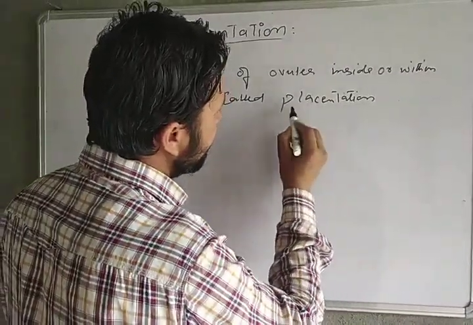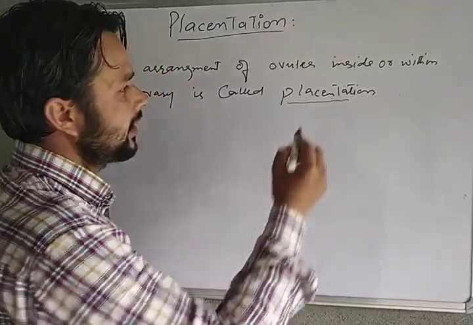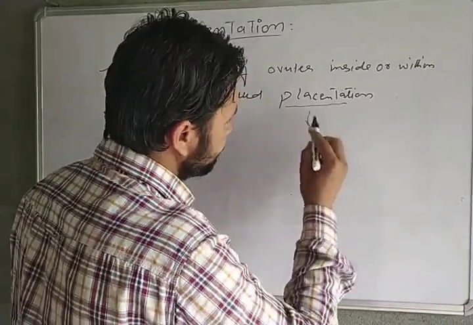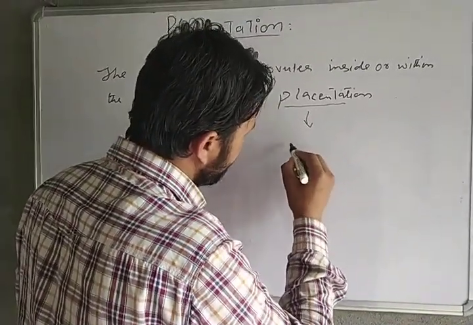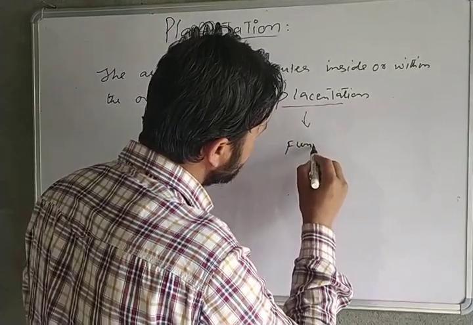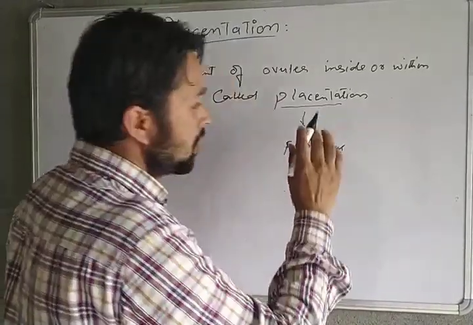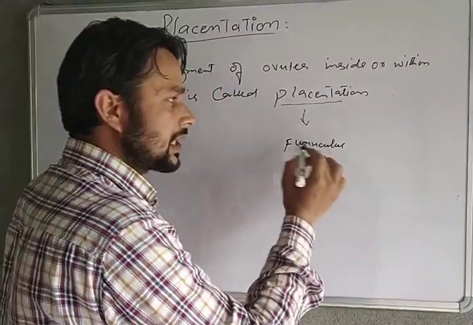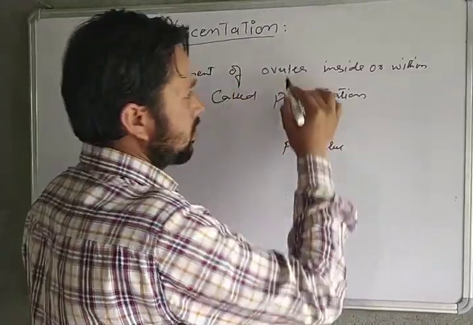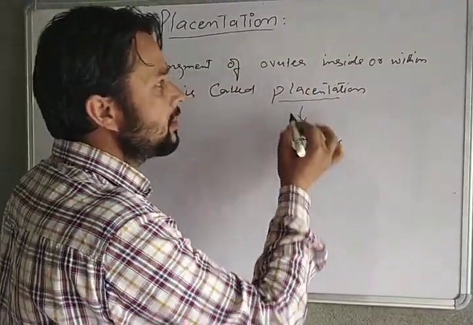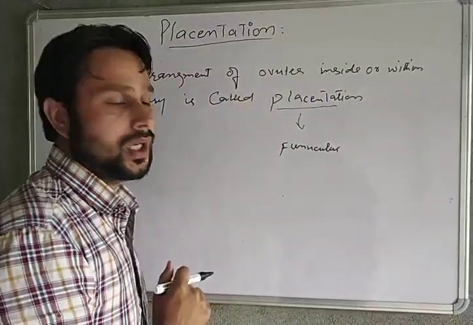What is this placenta? It is basically the funiculus. What is this funiculus? This is the attachment of the ovule. The ovule remains attached with the funiculus.